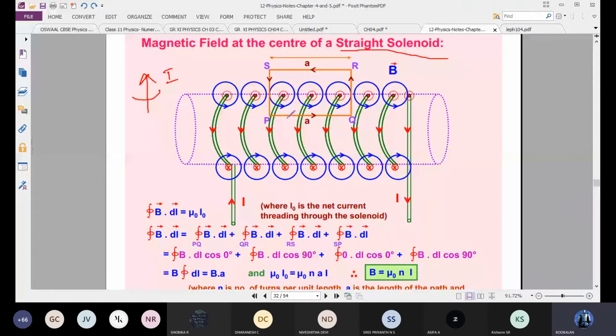Now we'll take one small square. This is called an Ampere loop, as in Ampere's circuital law. It is a closed circuit only, they are calling it an Ampere loop.